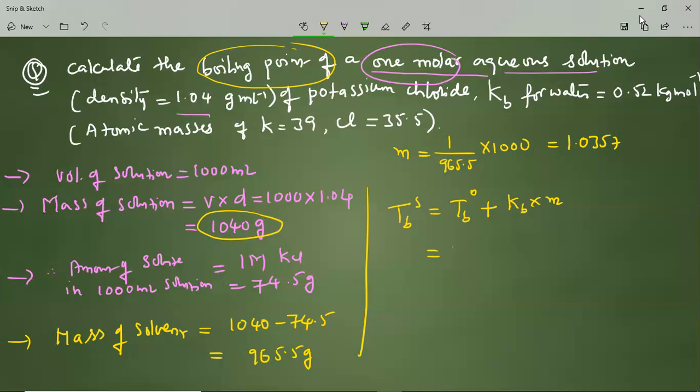Water boiling point we know is 100 degrees Celsius, plus the Kb value they are given is 0.52, and the molality value we got is 1.0357.